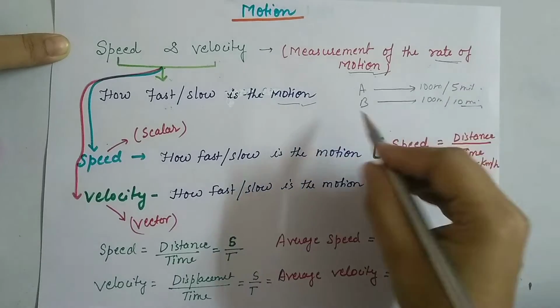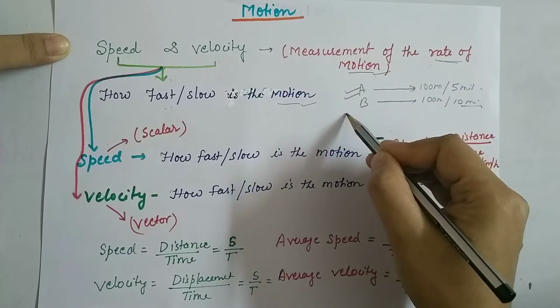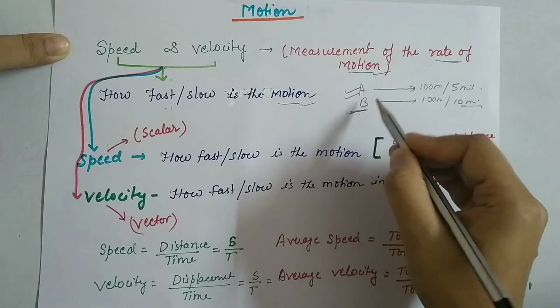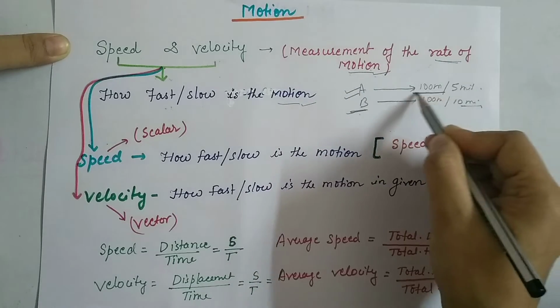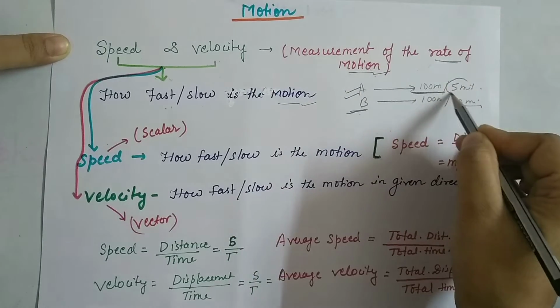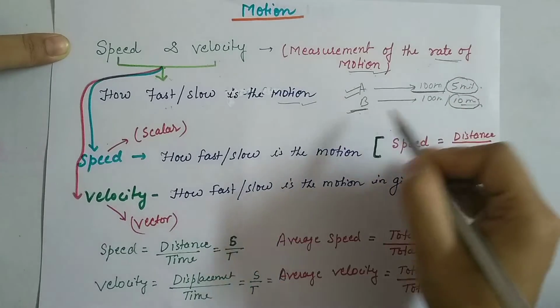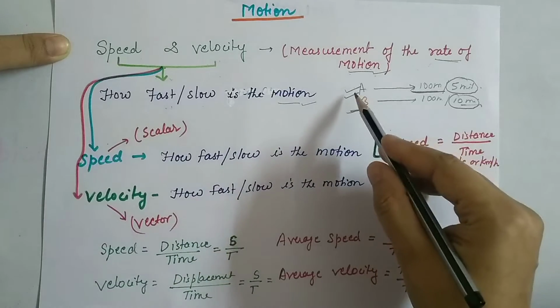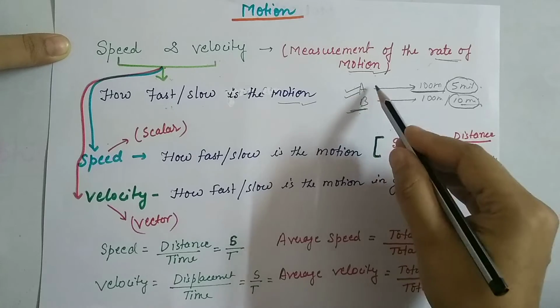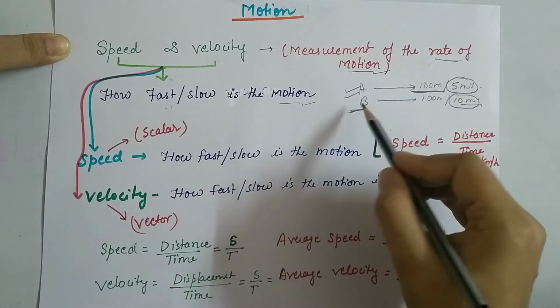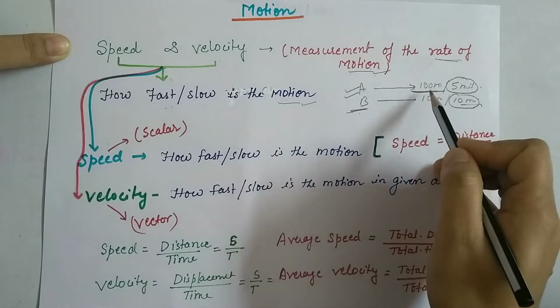So we can say that A is faster than B, because A covers the 100-meter distance in only 5 minutes, but B takes 10 minutes to cover it. So it shows how fast or slow the motion is.